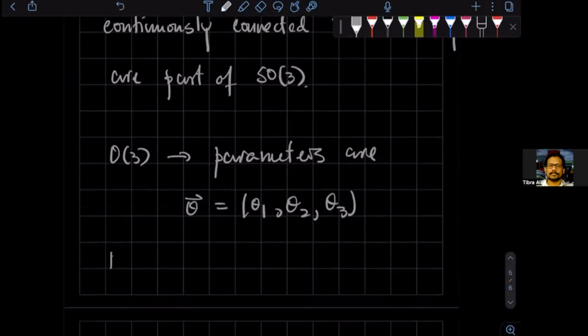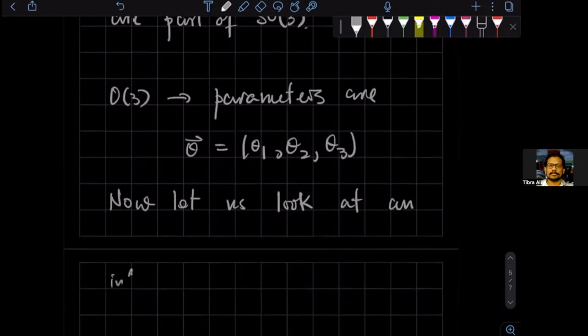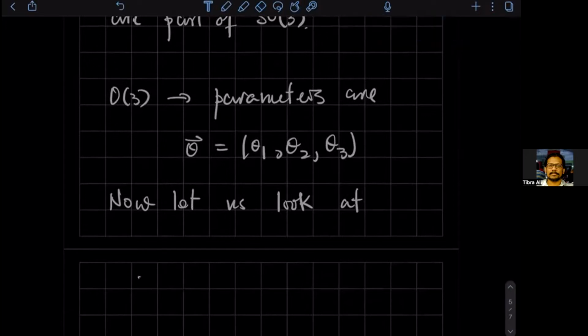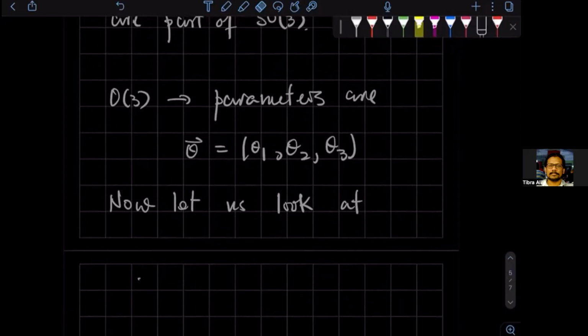So now, let us look at an infinitesimal element.